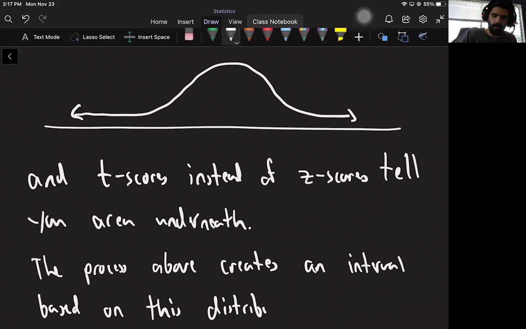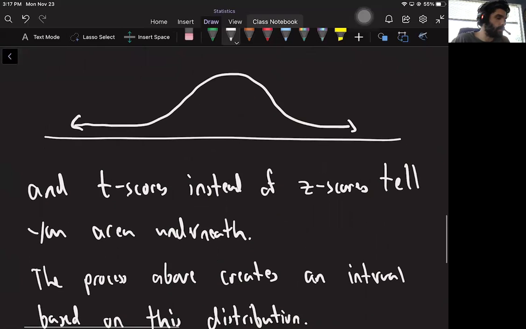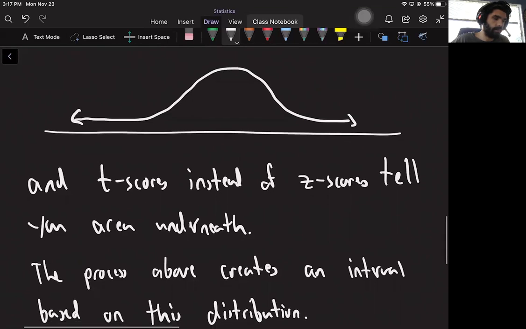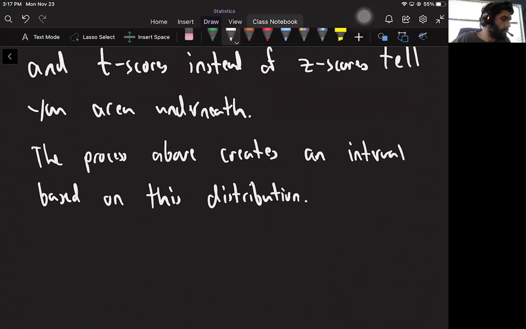That's cool, I guess, but we don't really know what this distribution is. All I know is that it looks very similar to a normal distribution so far. But we'll get into details in a second.